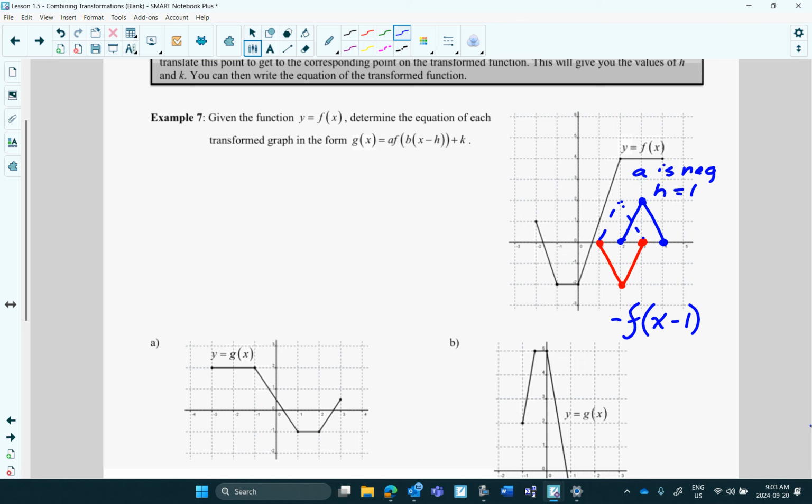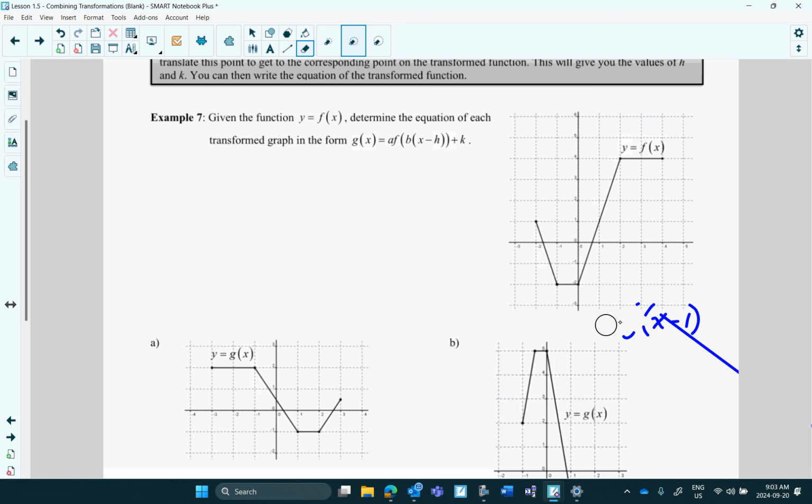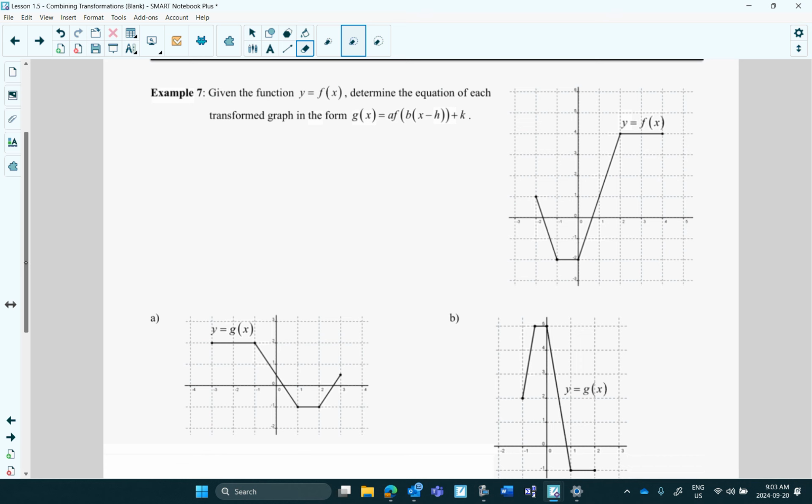But what happens if there's multiple things going on? So these ones are going to be a little bit more complex. Because here's the original. Here's the new one. You can probably see some things that are going on. What do you think?